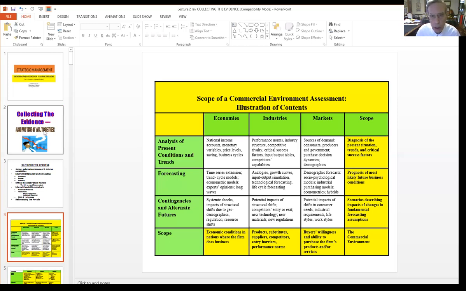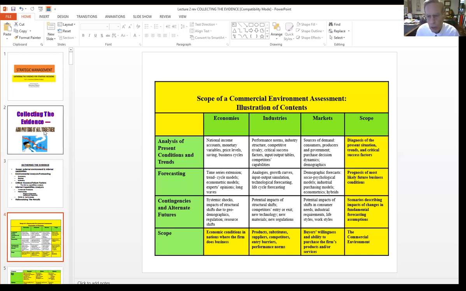This is called contingency planning, and near the end of this course in strategic management, if you're taking it with me anyway, we will get into more detail about contingency planning. It's sort of the state of our art in strategic planning.